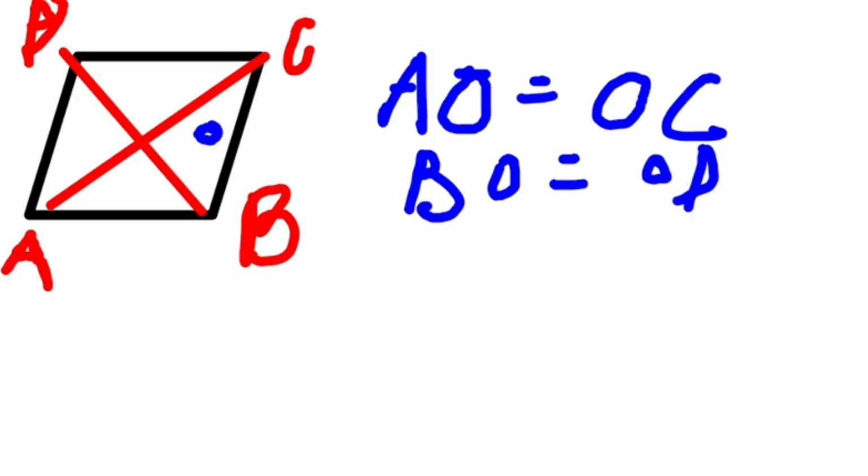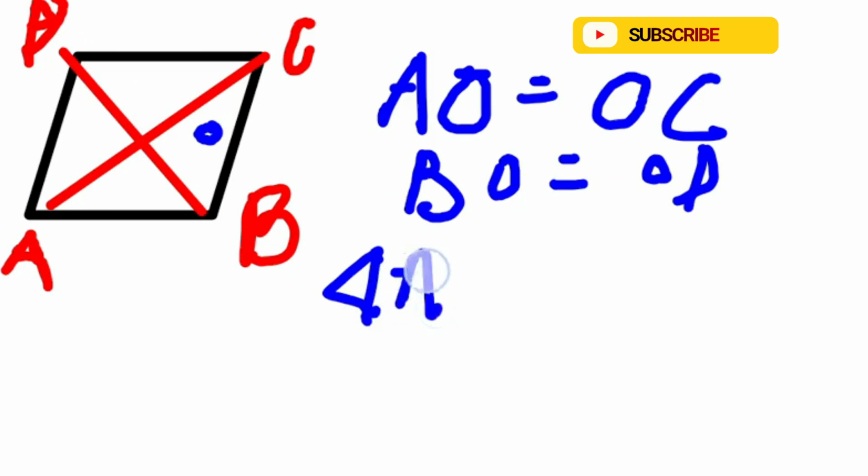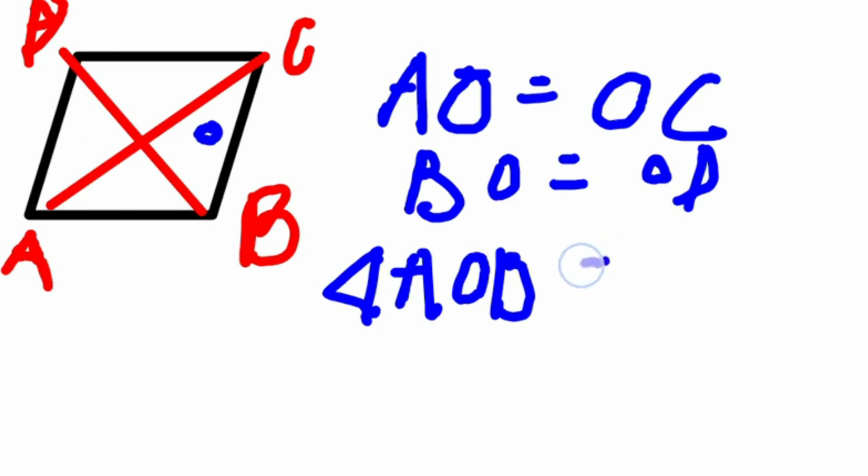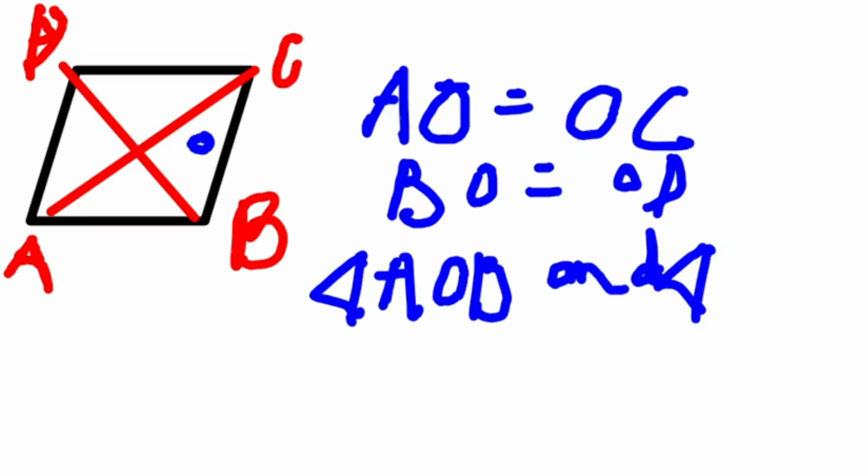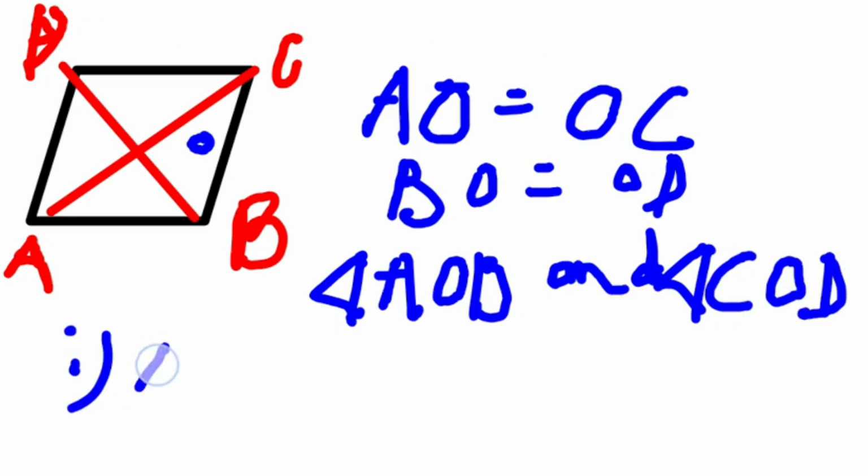To prove ABCD is a parallelogram, first of all we consider two triangles, AOB and triangle COD.